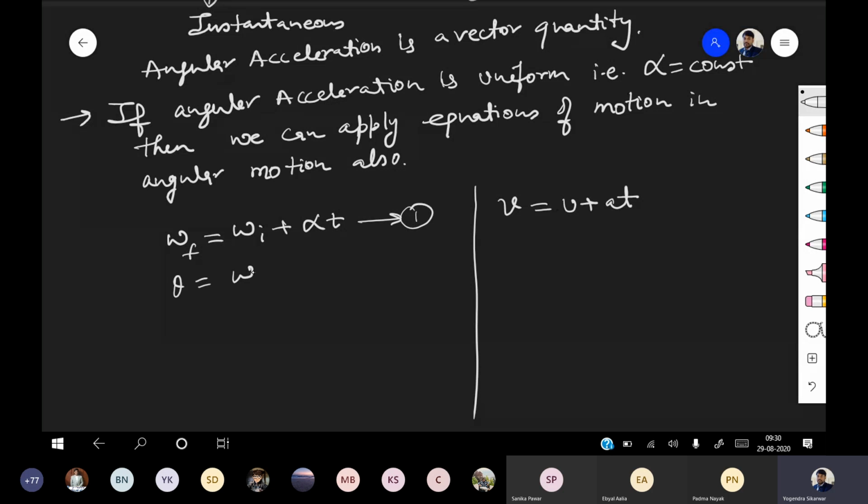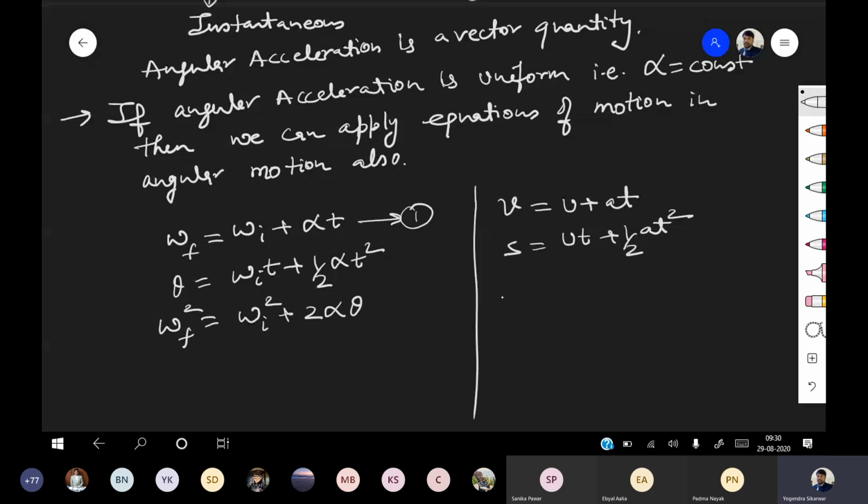Theta is equal to omega initial into t plus half alpha t square. This is s is equal to ut plus half at square. And omega final square is equal to omega initial square plus 2 alpha theta, and that is v square is equal to u square plus 2as.